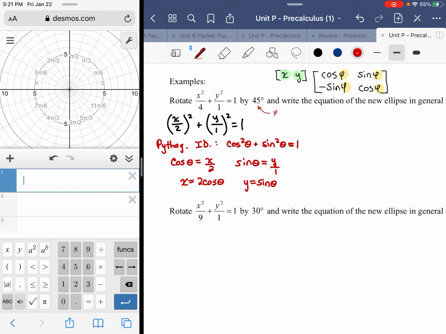So that makes my rotation matrix, instead of cosine phi, negative sine of phi, and all that jazz, it's cosine of 45, which is radical 2 over 2, negative sine of 45, which is negative radical 2 over 2, sine and cosine of 45, each of which are radical 2 over 2. And we're multiplying this by 2 cosine theta, sine theta.